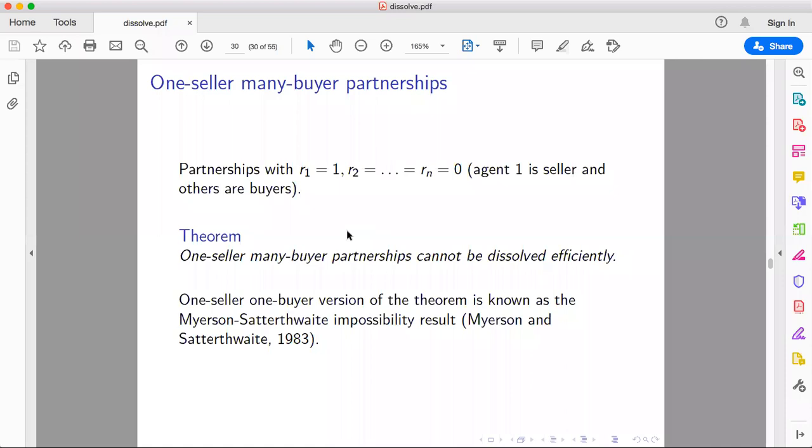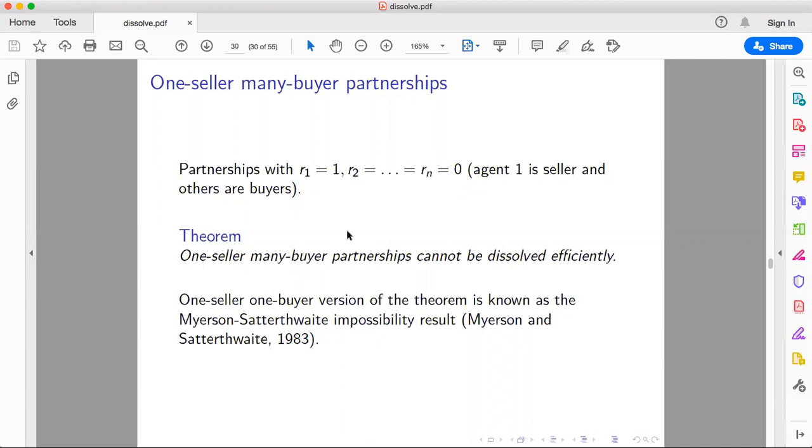So let's look at the bilateral trading model where there is a buyer, let's call him B, and another agent, the seller, S. Efficiency will say that trade only occurs if VB is greater than VS, right? Yes, sir. If the value of the buyer is greater than the seller's, then the seller should sell the object to the buyer.